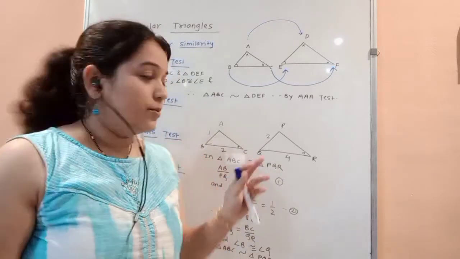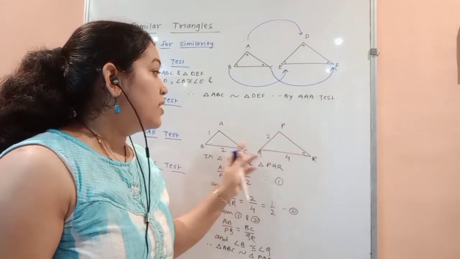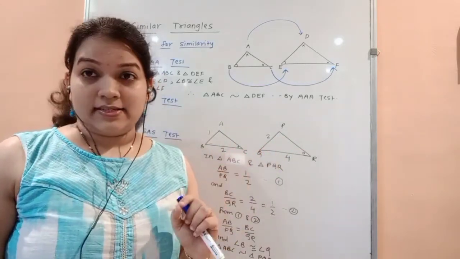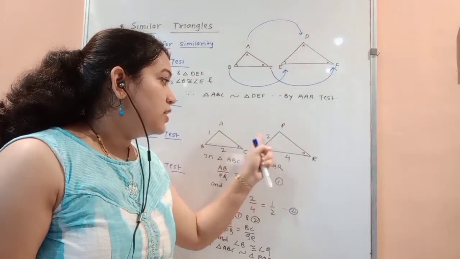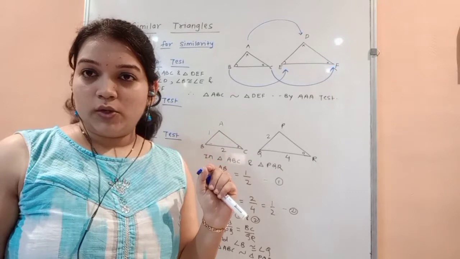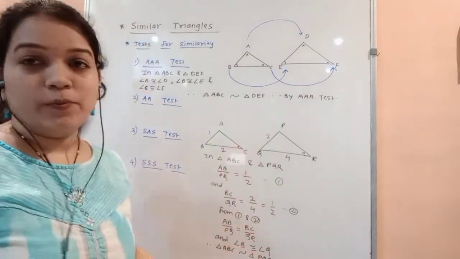Is this thing clear to you? So we can't say that triangle ABC and triangle PQR are similar by SAS test, because this is not the included angle by the sides. Okay, is this thing clear? So SAS test is clear to you, so note it down.